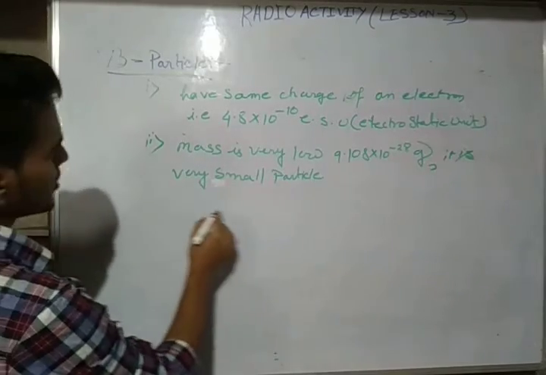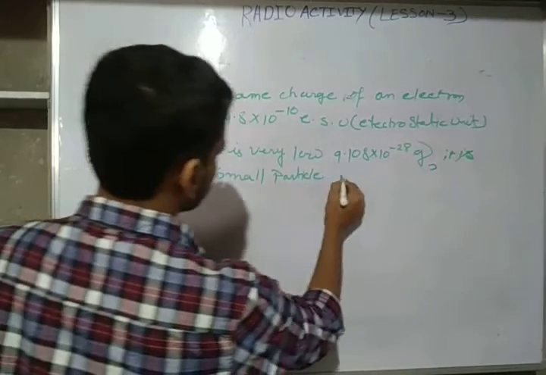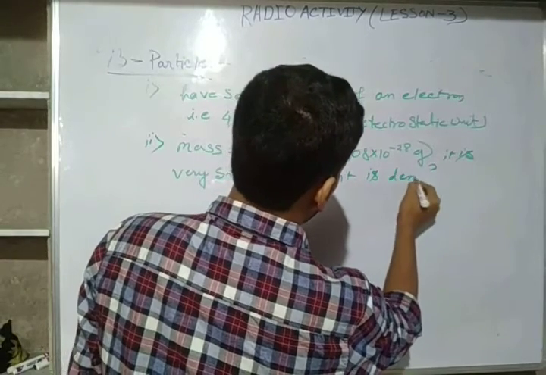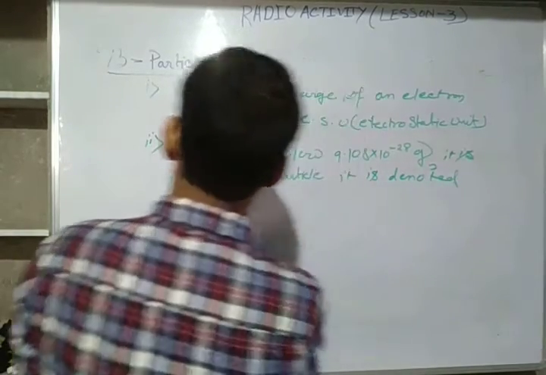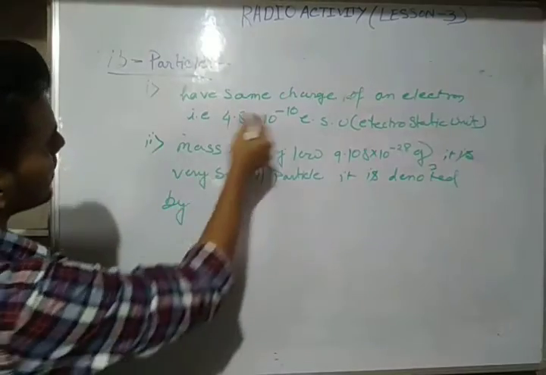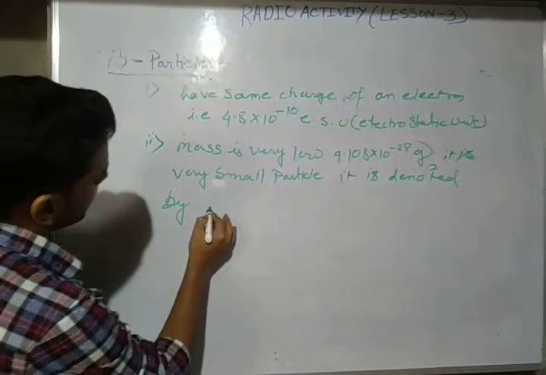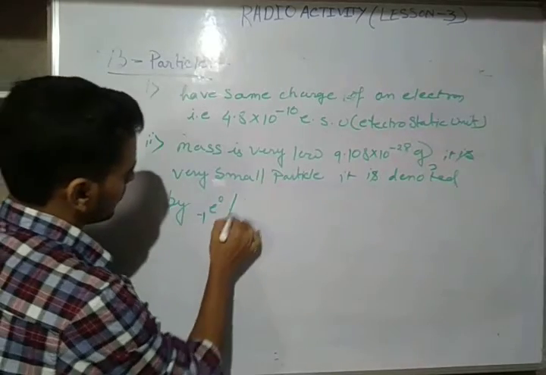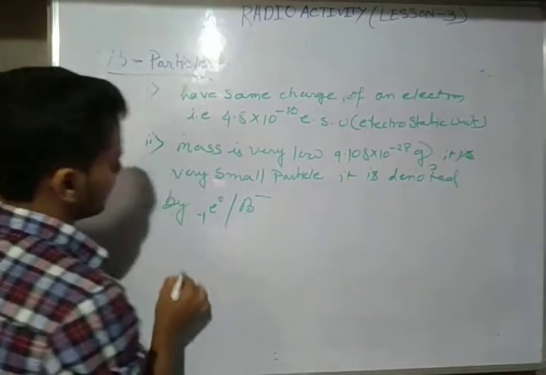Beta particle has similar charge of electron, so it is denoted by e minus or beta minus.